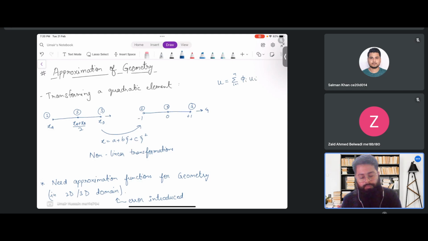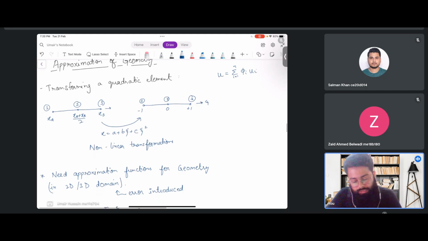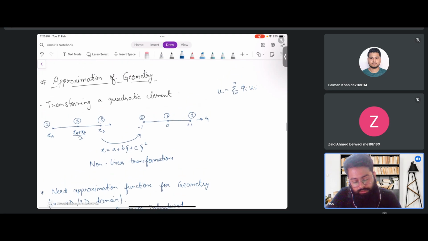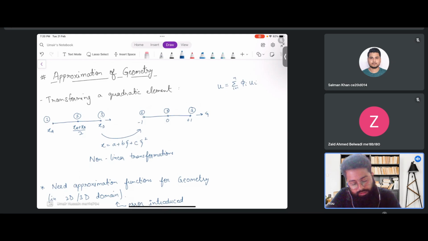In all the dimensions, we also approximate the geometry.